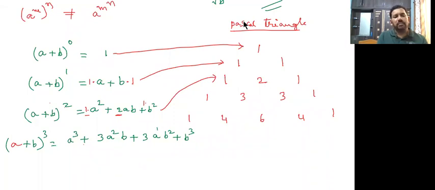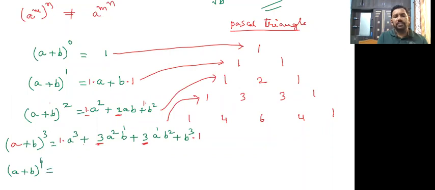But for the second term, b power 0, b power 1, b square, b cube. The coefficients are 1, 3, 3, 1. Now, by observing the Pascal triangle, tell me what is a plus b whole power 4.